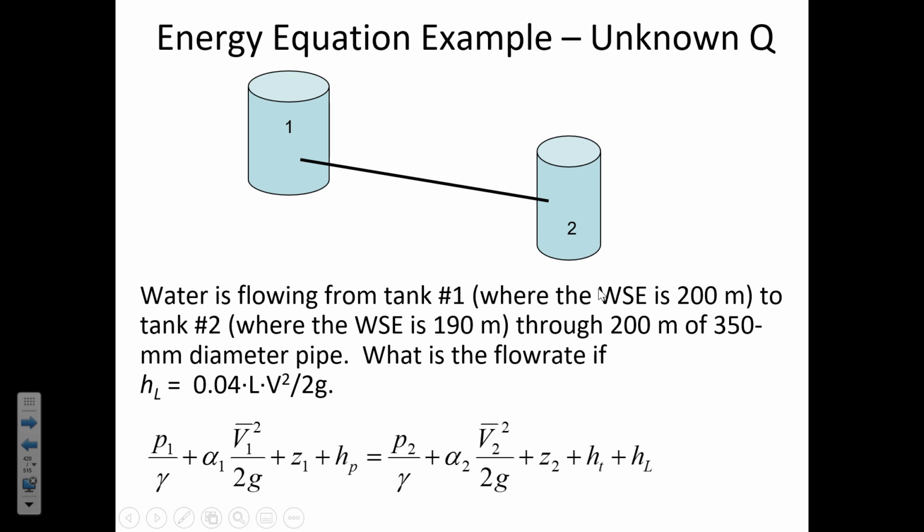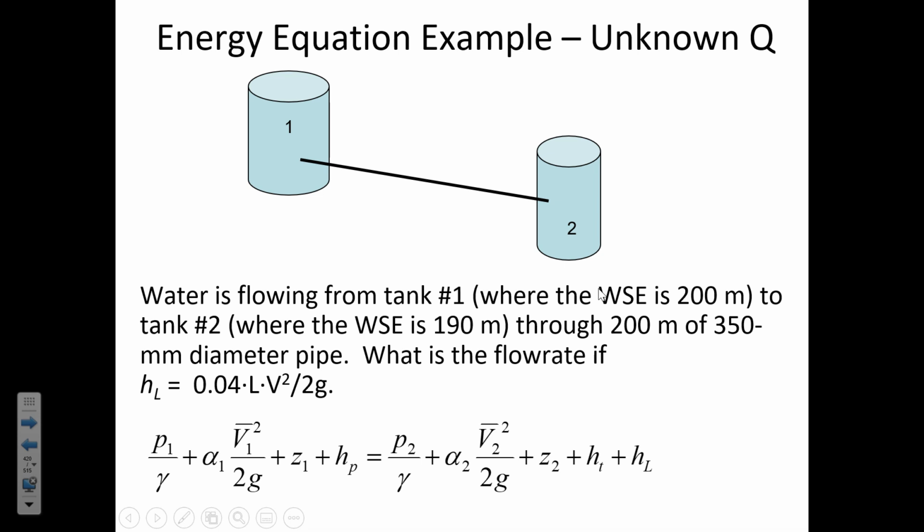Here at 1, we know Z1 equals 200 meters, right? Units meters, yep. Z2 equals 190 meters. And what you need to find out is, what is the flow rate Q?